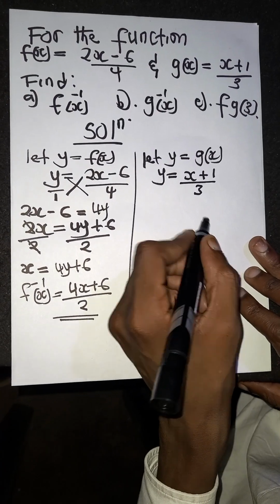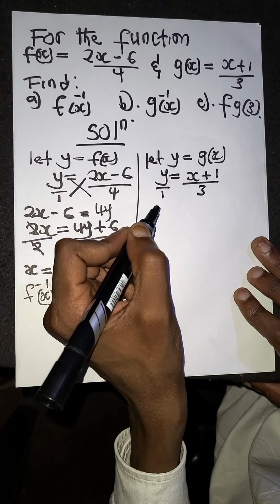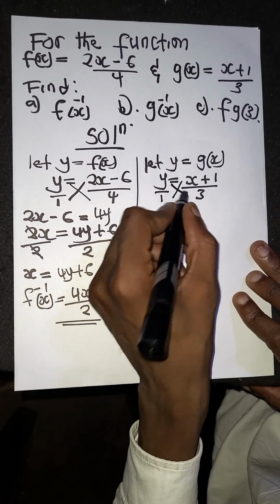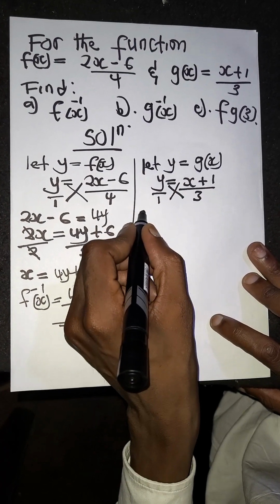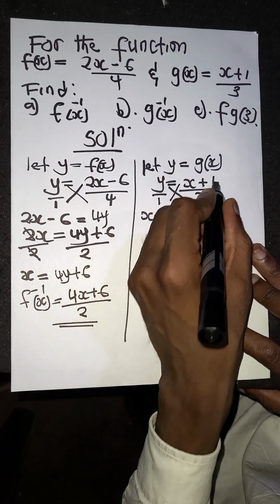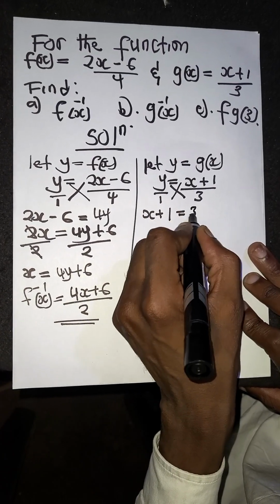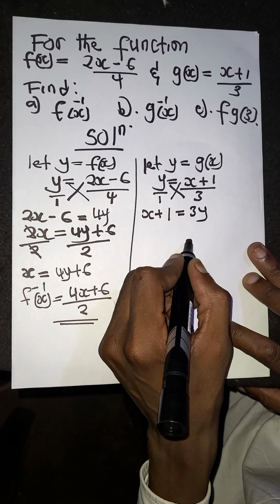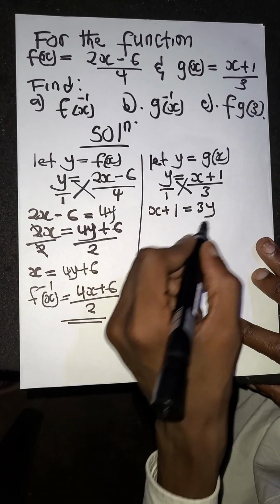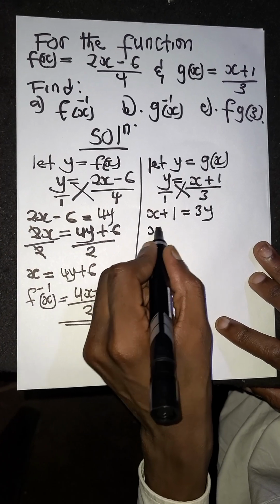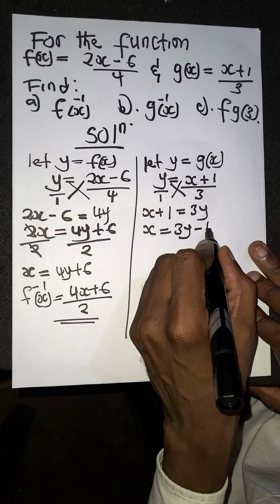Next, like we did before, when we have a fraction on one side, we make the other one a fraction as well. And then we can cross multiply every time we have an equals sign in the middle. So 1 times x gives us x, plus 1 times 1, it's a 1, is equal to 3 times y gives us 3y. After that, to make x the subject of the formula, we move positive 1 to the other side of the equation, meaning that we have x is equal to 3y minus 1.